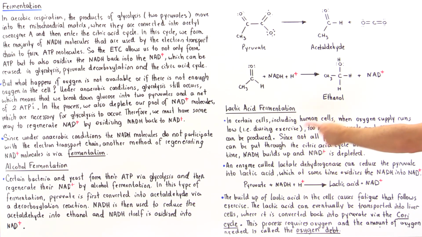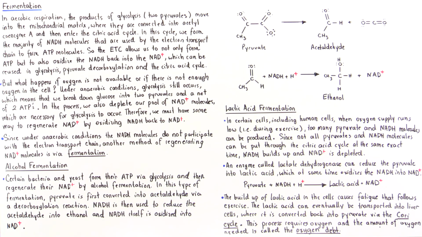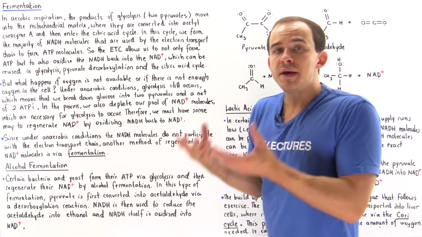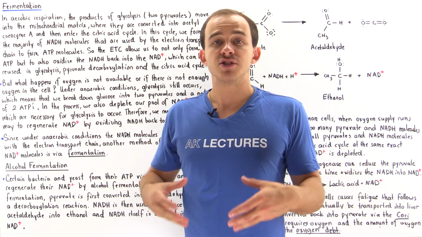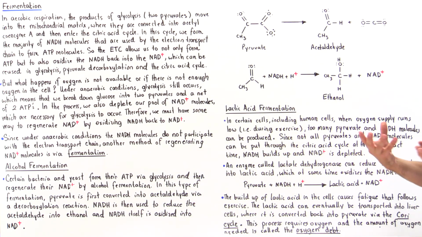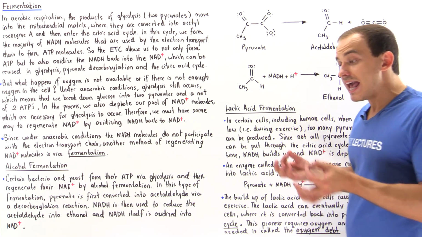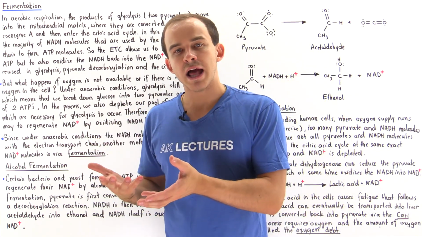And because not all pyruvates and NADH molecules can be placed through the citric acid cycle and the electron transport chain at the same exact time, we have a buildup of NADH molecules that takes place. And so we have a very little amount of NAD plus present in the cell, and we need NAD plus for glycolysis to take place.